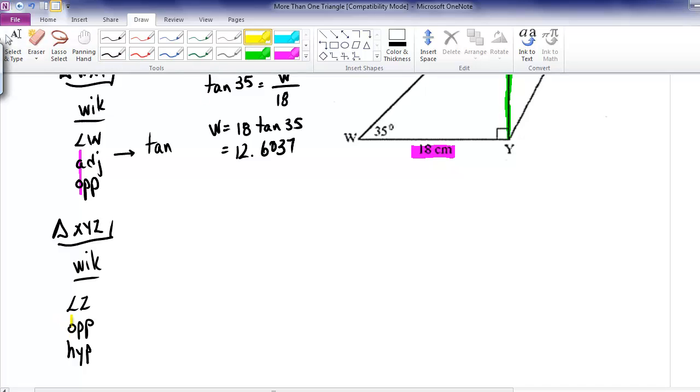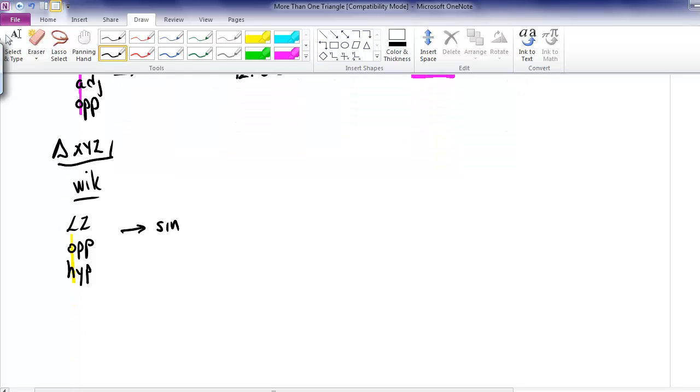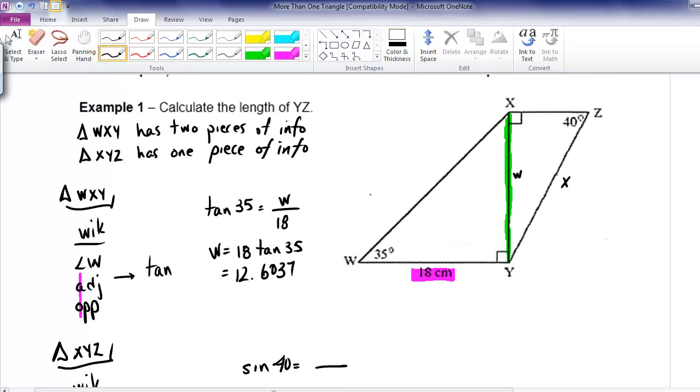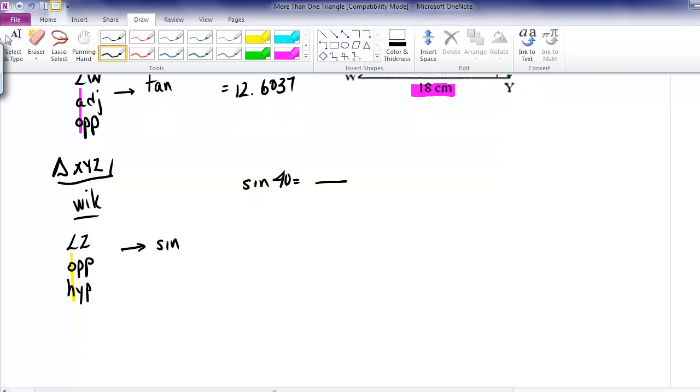Again, going with our SOHCAHTOA, there's the O and the H, and that points me to the sine ratio. Now it's just a matter of plugging the right things into the right spot. So the sine of our angle is going to equal opposite over the hypotenuse. Recall that our angle was 40 degrees, angle Z. The side opposite, well, that's the one we just calculated. And x is what I'm calling my unknown side. That's the ultimate answer to the question.